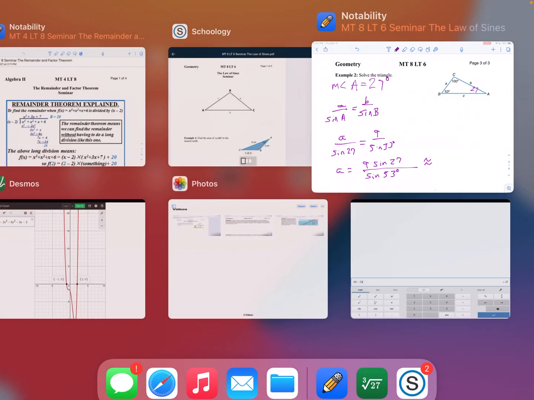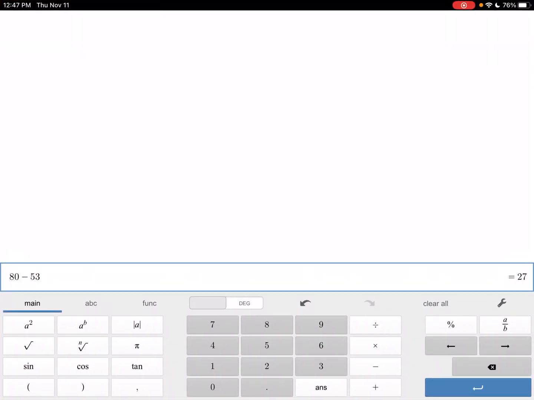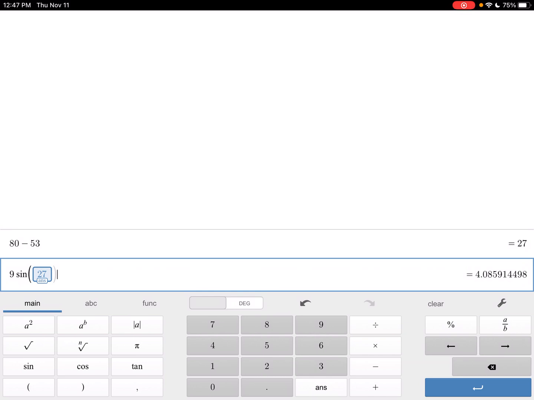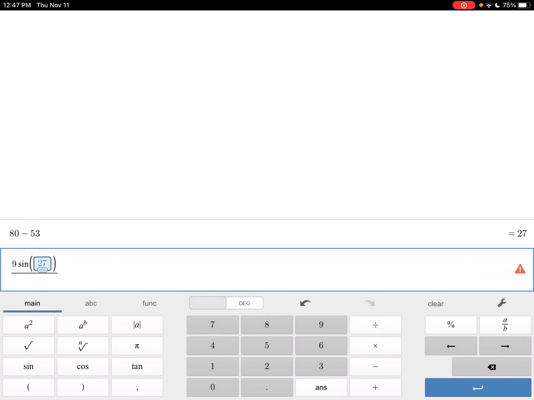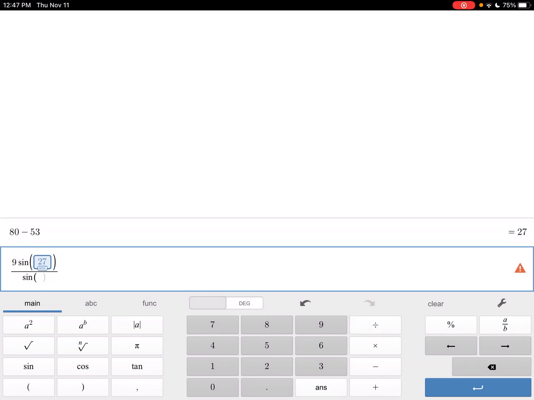So I take 9 times the sine of 27 and divide that by the sine of 53 degrees, and I get about 5.1.